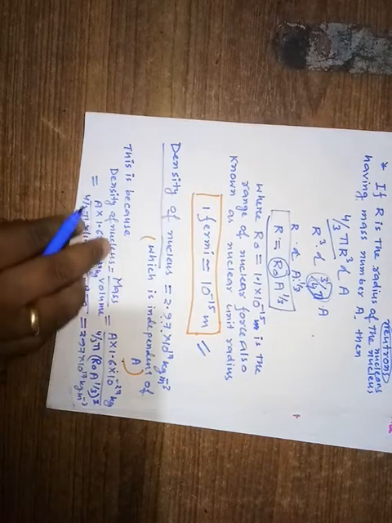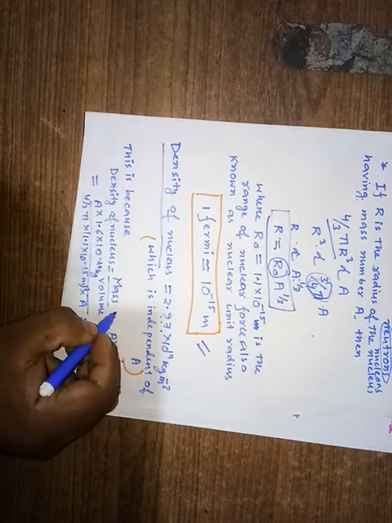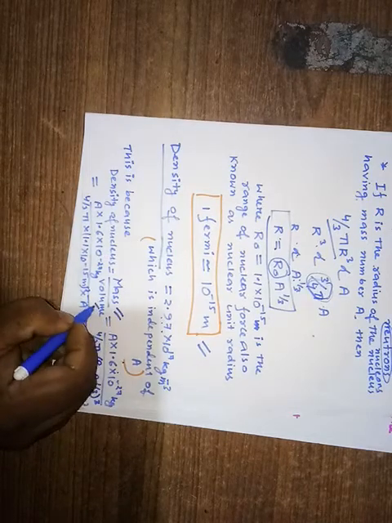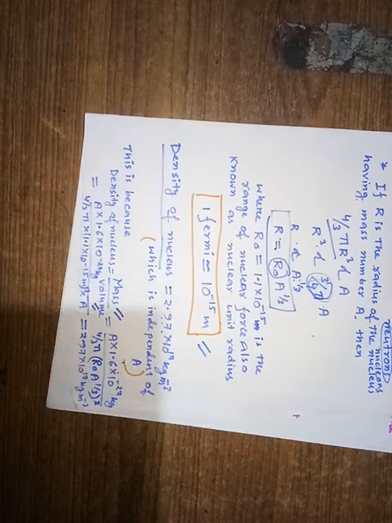Obviously we know if we have to find the density of the nucleus, it will be equal to the mass of the nucleus divided by the volume of the nucleus. Now how can we find the mass of the nucleus? As we know, the mass of the proton and neutron is the same, and it is 1.6 into 10 to the power minus 27 kg.